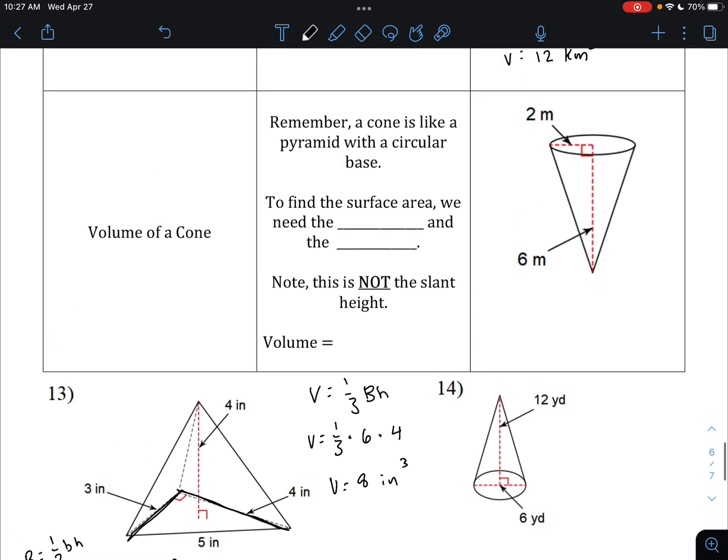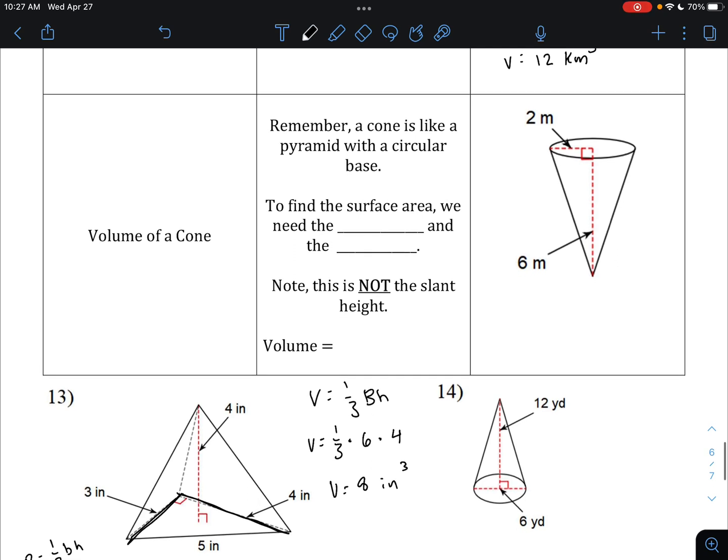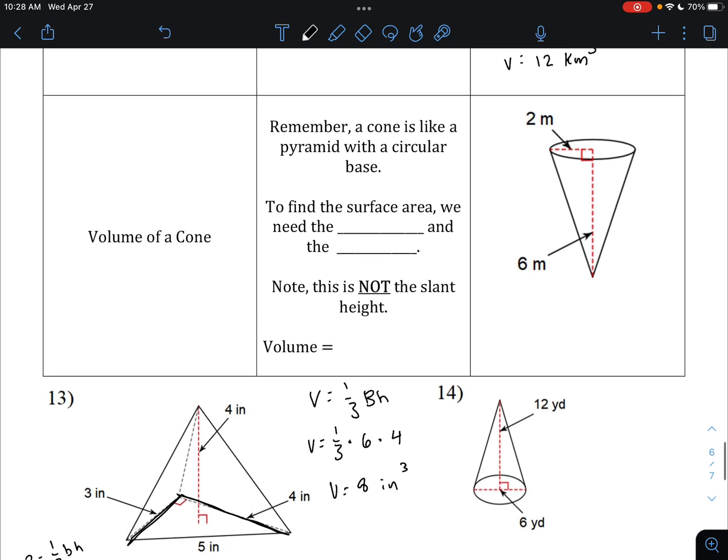Now, the volume of a cone is very, very similar to volume of a pyramid. Just like a cylinder is a prism with circular bases, a cone is a pyramid with a circular base. So to find the volume, we're converting this into the circle version.